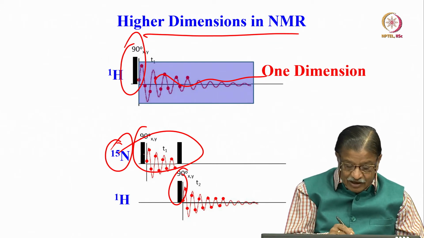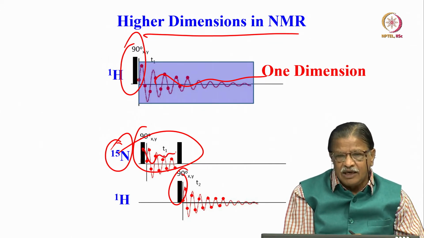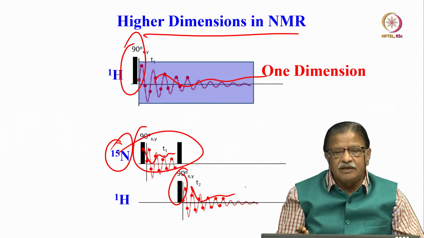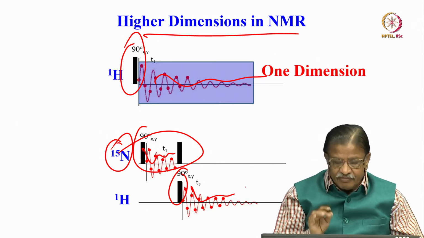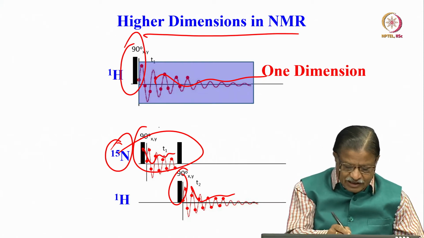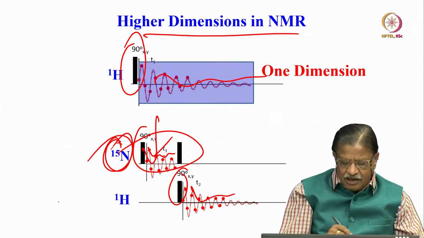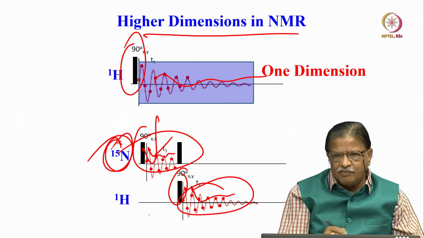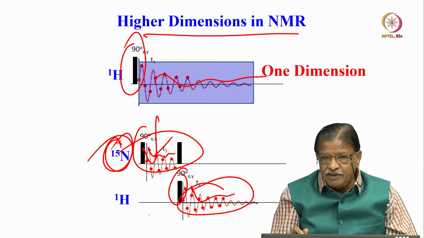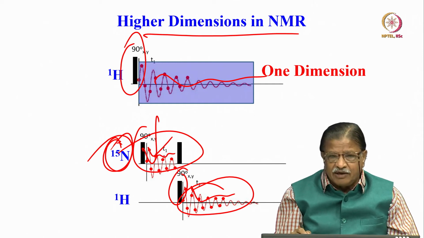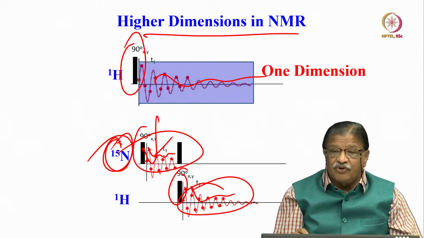And then you can collect the T1 in the X nuclei, you can collect this signal in the proton channel. So, you can collect the signal in the T1 dimension in the X nuclei channel or in the T2 dimension in the proton channel. Either of them is possible. So, you can collect time domain data in 2 channels for 2 nuclei.